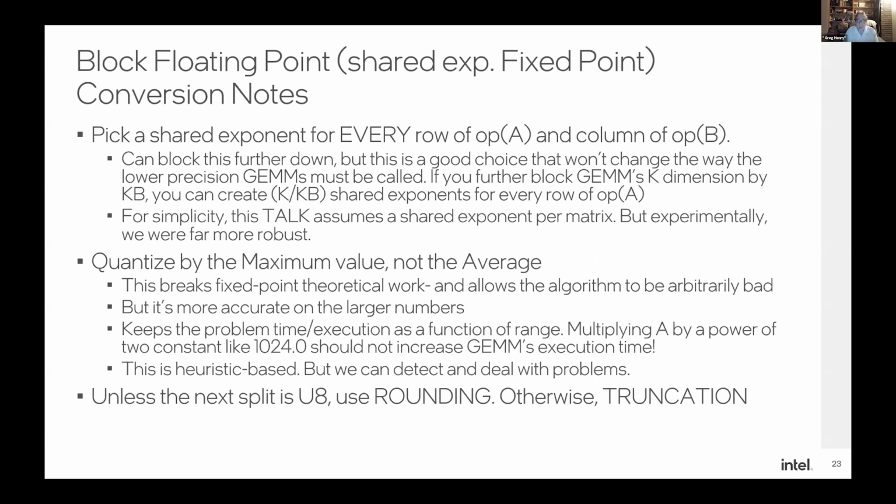And I will also say that the conversion time is very fast. We assume for the talk, sometimes I assume one shared exponent per matrix, but in practice, I'm doing it at one or more shared exponents per row of A or column of B.